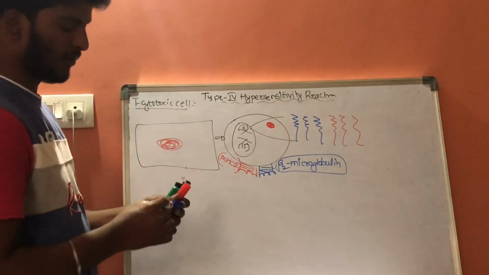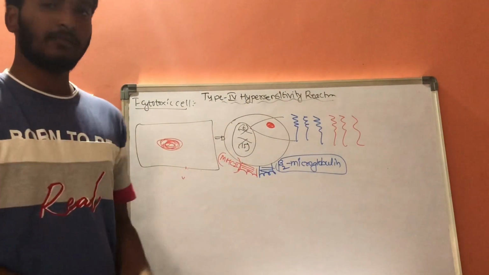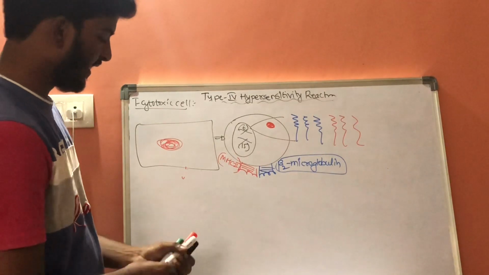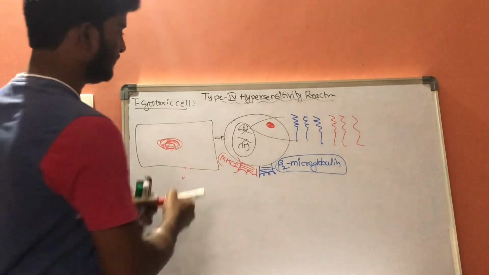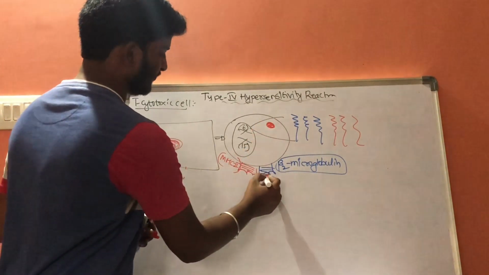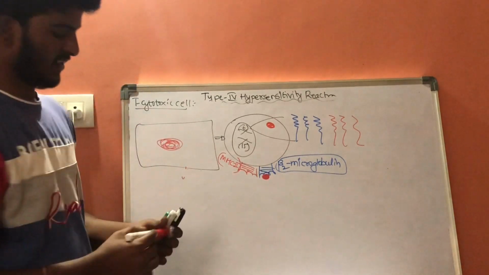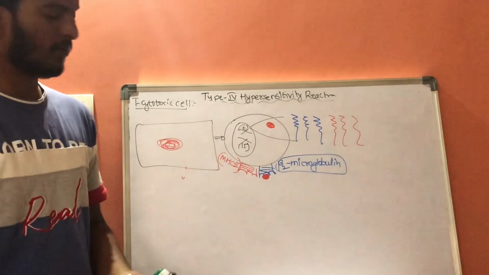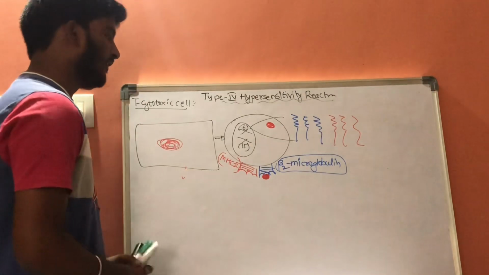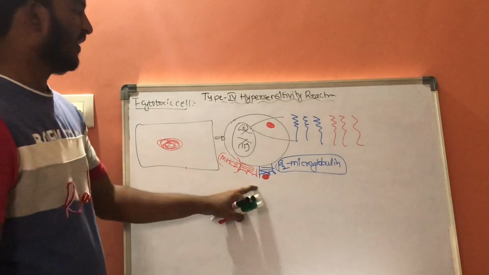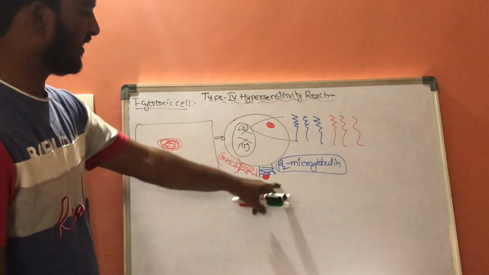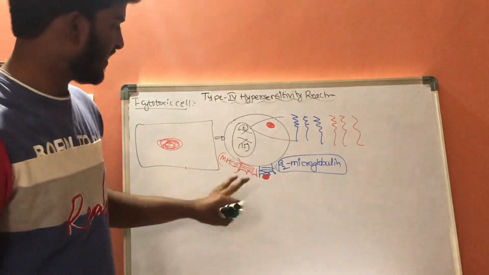Beta 2 microglobulins along with MHC class 2 molecules are activated, and it also consists of these TB antigens. Now this entire cell is called an antigen presenting cell.